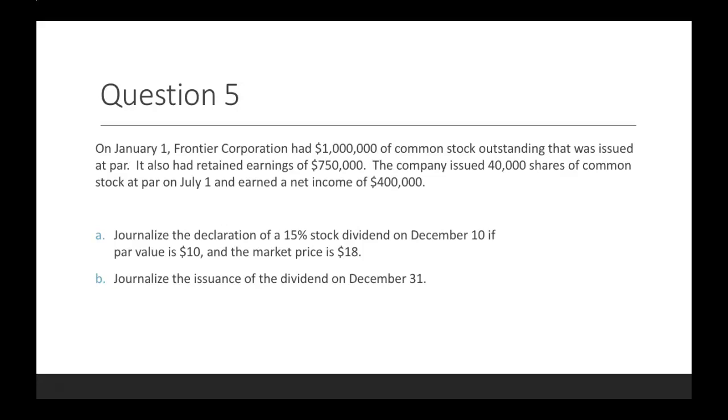We need to journalize the declaration of a 15% stock dividend on December 10th, the par value being $10 and the market price is $18. Then, on December 31st, we need to journalize the issuance of the dividend. So we have the declaration of a stock dividend and the issuance of a stock dividend. We need to prepare these journal entries.